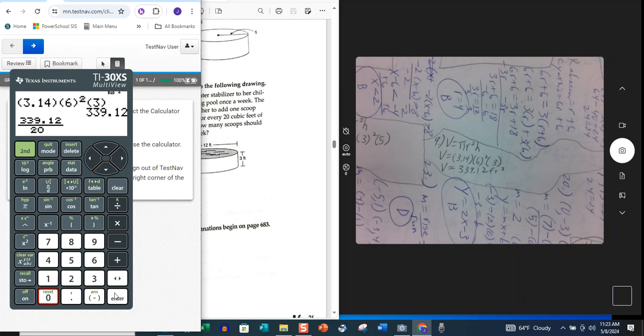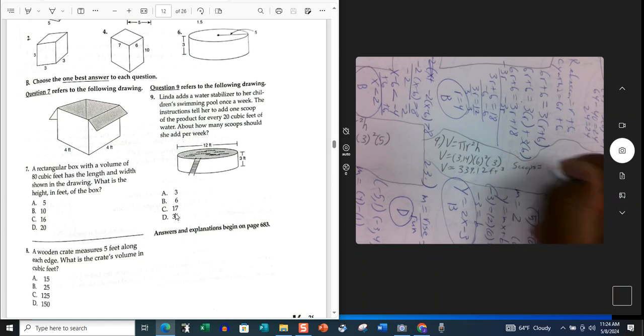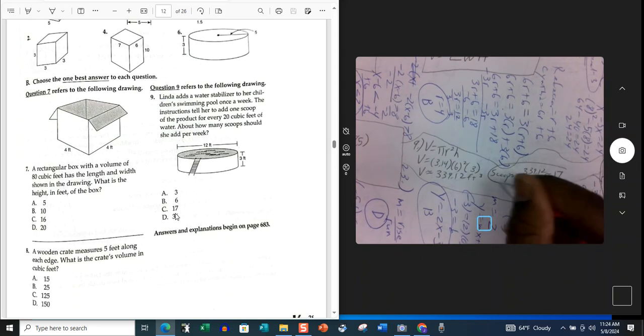Because remember, we're trying to find out how many scoops, and every scoop has 20 cubic feet. So that'll be almost 17 scoops. So our answer would be C. I'll write it out here so you could just say scoops, and then we would do 339.12 divided by 20, which will give us approximately 17, which is C. So this is our answer, C.